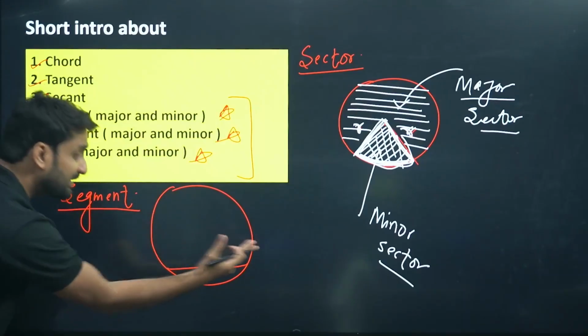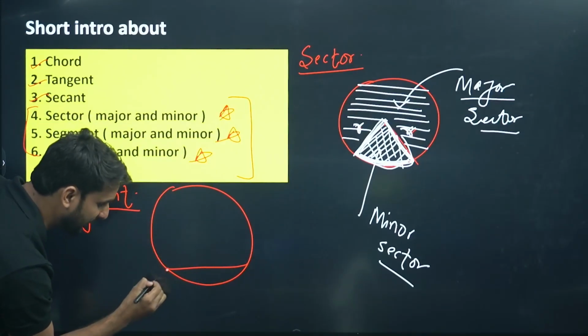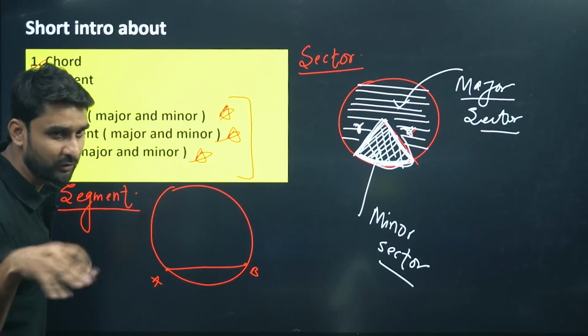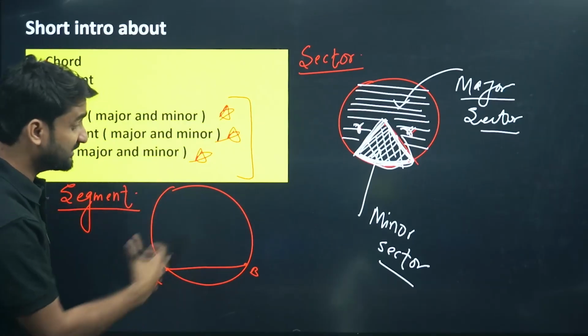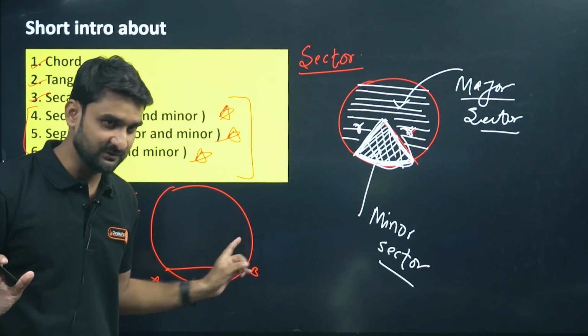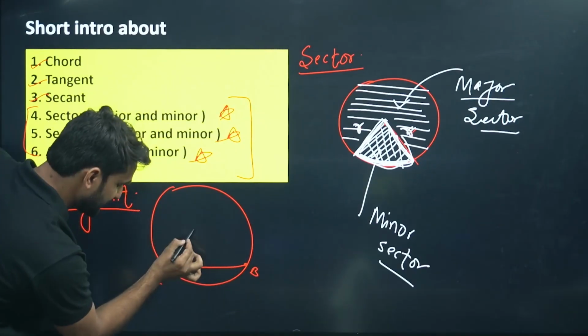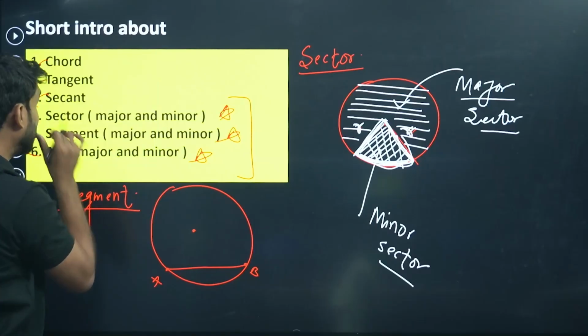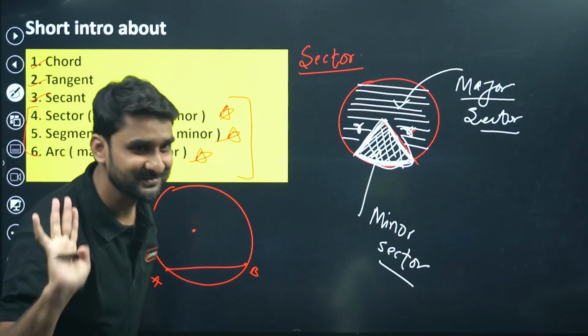But if you draw a chord, let's say this is point A and this is point B, and I have already told you the definition of chord: the line joining two points on the boundary of the circle is called a chord. So this is the chord and the center is there. On drawing a chord in any circle, the circle is again divided into two parts.